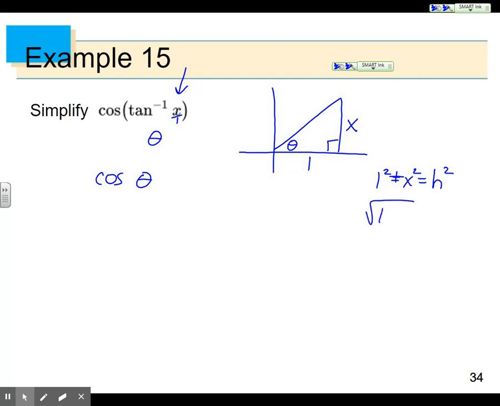So if I take the square root of both sides, my hypotenuse comes out to just be the square root of 1 plus x squared. So cosine is adjacent over hypotenuse, which would be the adjacent side, 1, over the hypotenuse, the square root of 1 plus x squared.